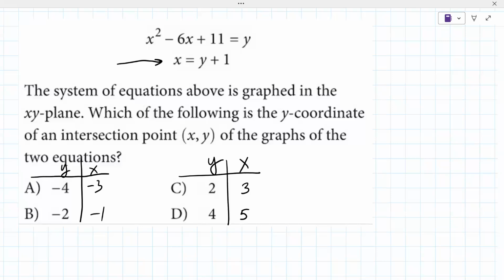Okay, so now you have to use the first equation. Which is the easiest X values to try in that equation out of these -3, -1, 3, and 5, do you think? Probably the positive ones. Okay, so either C or D. So did you try 3 or 5 in this first equation?